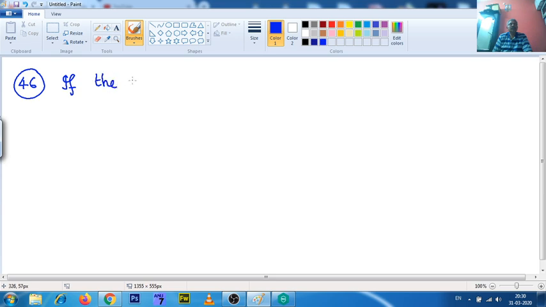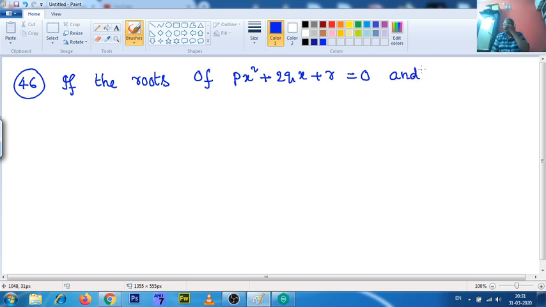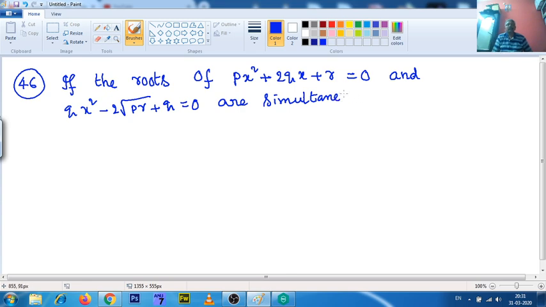If the roots of px square plus 2qx plus r equals 0 and qx square minus 2 root pr x plus q equals 0 are simultaneously real, then what is the condition that needs to be satisfied?